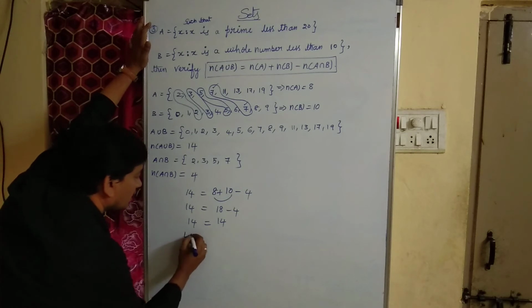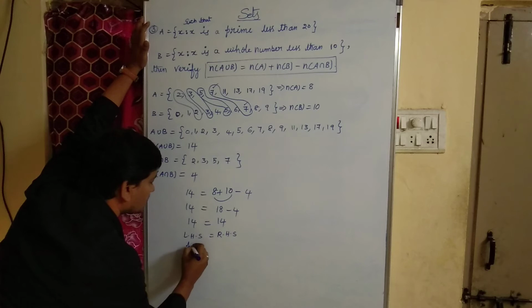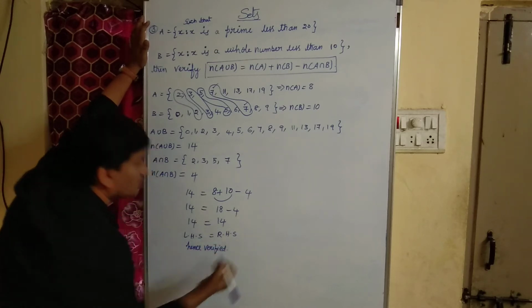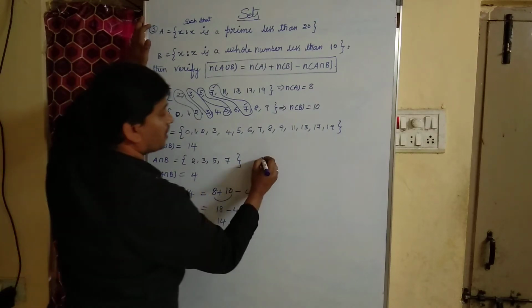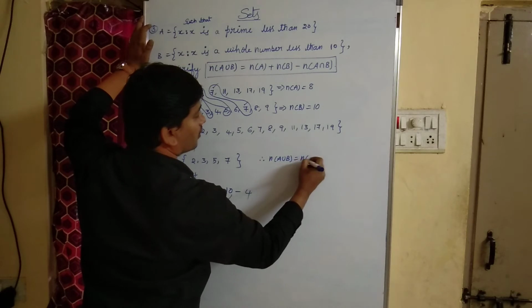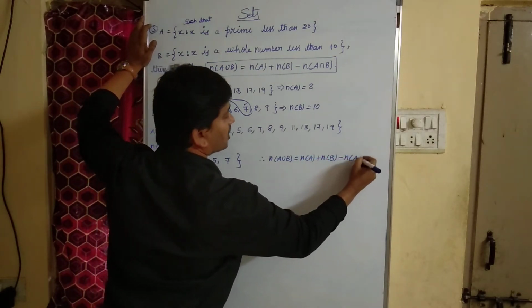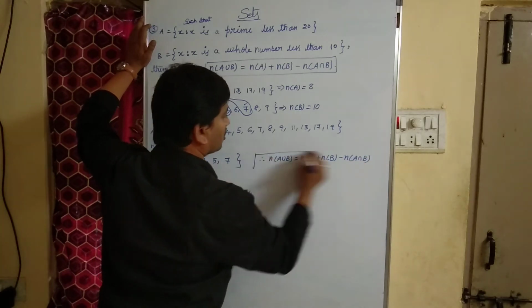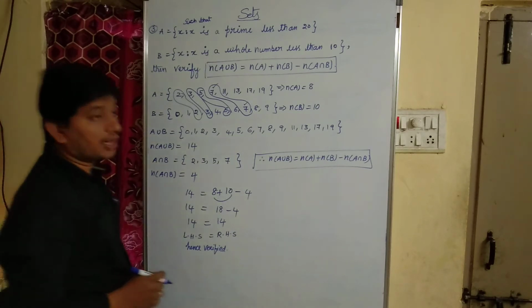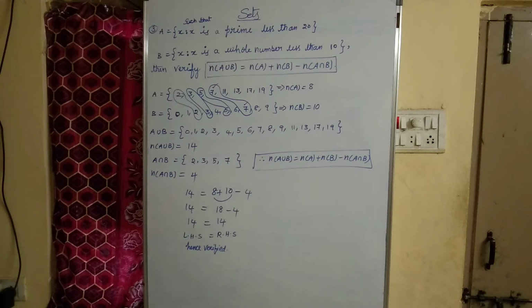As LHS equal to RHS, hence verified. Therefore, N of A union B equal to N of A plus N of B minus N of A intersection B. This is the relationship between N of A, N of B, N of A union B and N of A intersection B. Right?